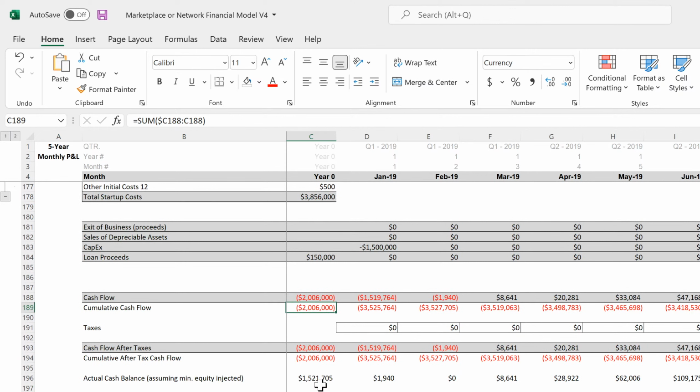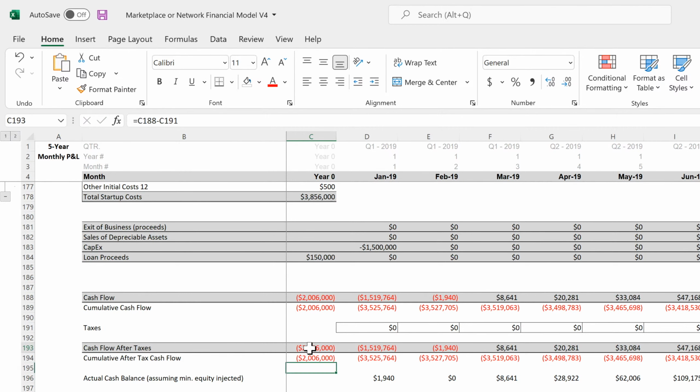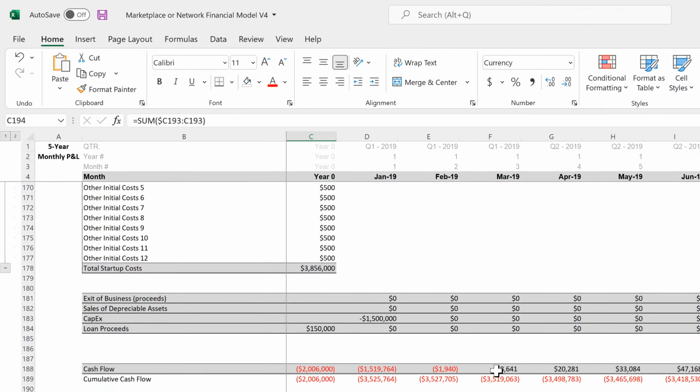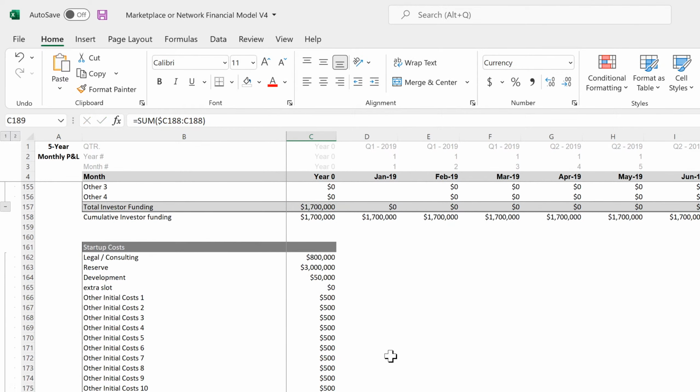So in this one, it looks like we only want to add in, well, first of all, I don't want to add in this cash flow from any of this investor funding, this 157. I need to know the number before that happens.